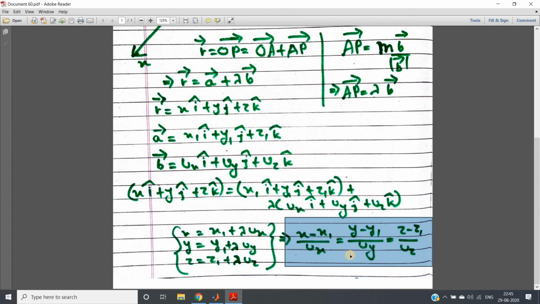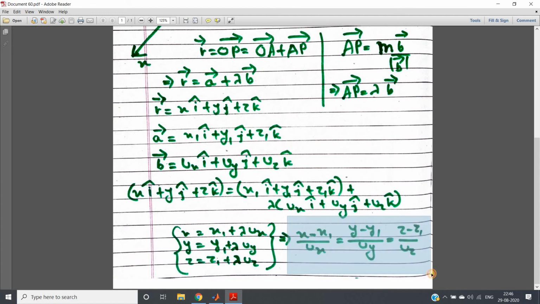So this is the Cartesian form for a line which is passing through a point for which the position vector is a vector, x1 i cap plus y1 j cap plus z1 k cap, and that line is parallel to a vector vx i cap plus vy j cap plus vz k cap. This Cartesian form you just remember. Suppose I ask you what is the direction of this line. The direction is obviously the same as the b vector direction, that is vx i cap plus vy j cap plus vz k cap.